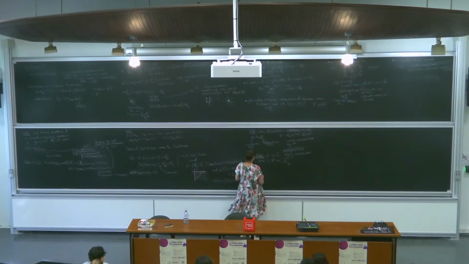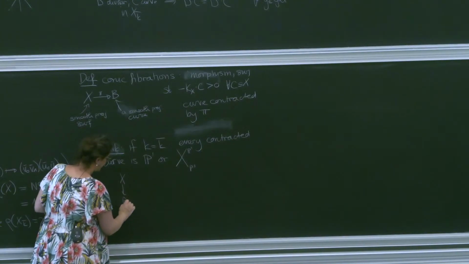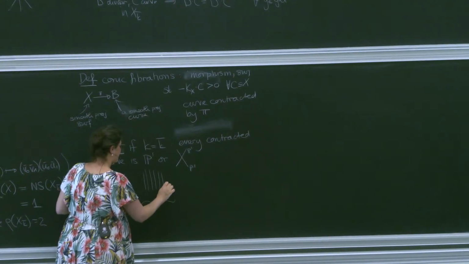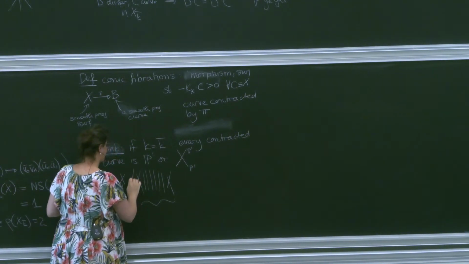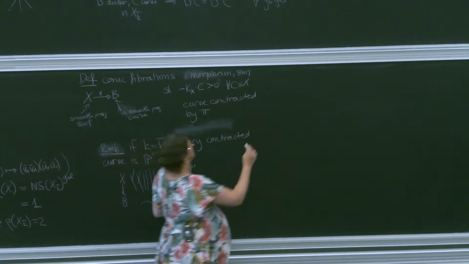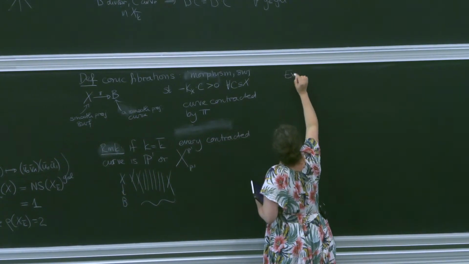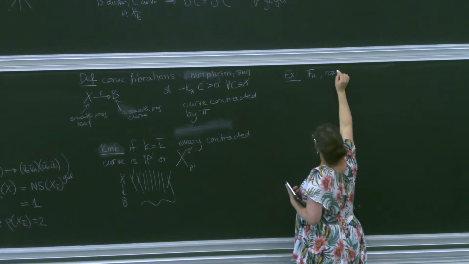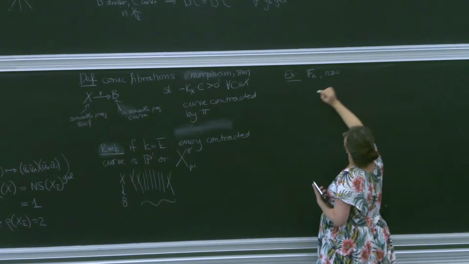Okay, so X to B, some curve, and then we have P1s and some singular fibers. Examples are the Hirzebruch surfaces that we've seen already.